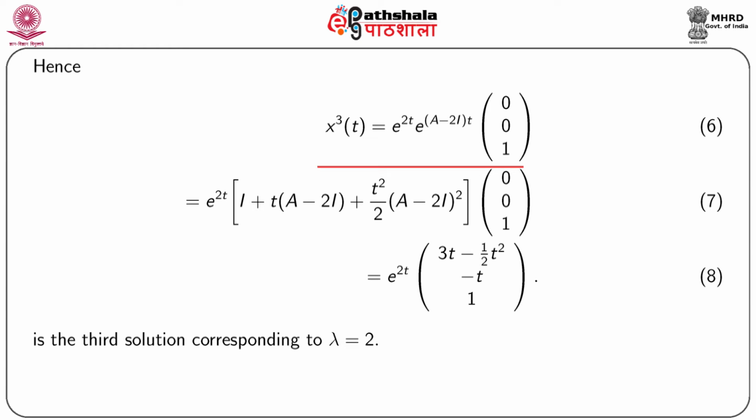Hence, x3(t), where 3 is the third solution, is equal to e to the power 2t e to the power (A minus 2I)t multiplied by the column vector 0, 0, 1, which is equal to e to the power 2t into I plus t into (A minus 2I) plus t squared by 2 into (A minus 2I) squared multiplied by the column vector 0, 0, 1, which after simplification gives e to the power 2t multiplied by the column vector 3t minus half t squared, minus t, 1, given by equation number 8.